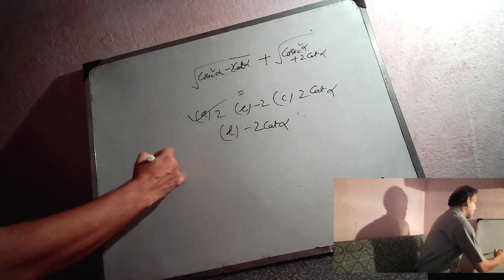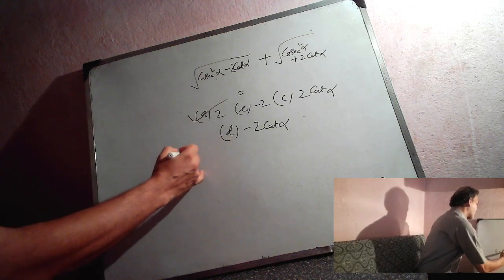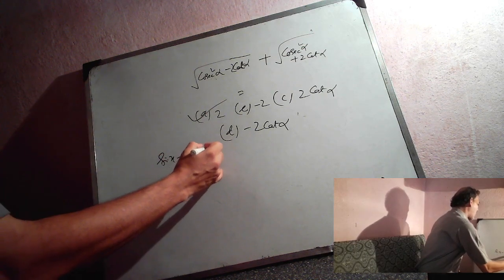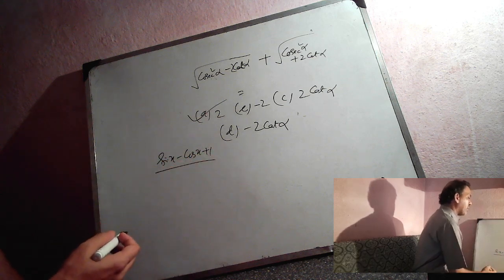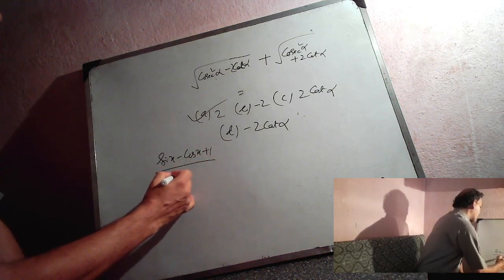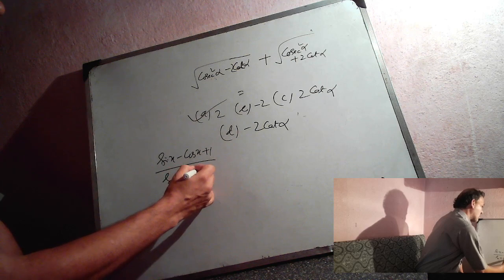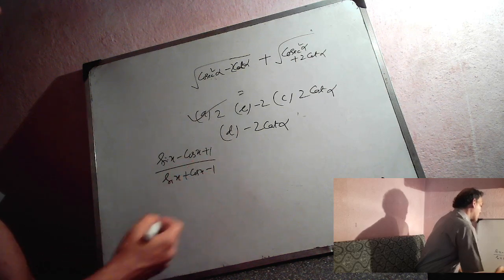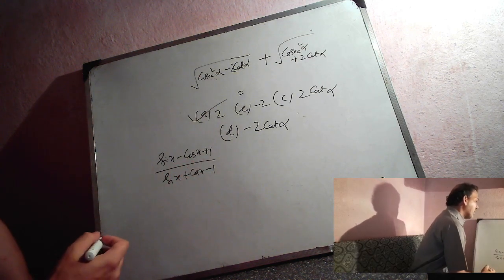Next, (sin x − cos x + 1) upon (sin x + cos x − 1). What will be its value?